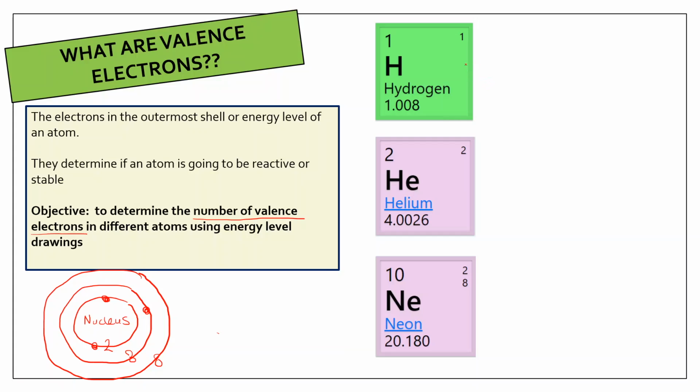Okay, so hydrogen's going to be first. So how many valence electrons does hydrogen have? First, we need to know some other information.